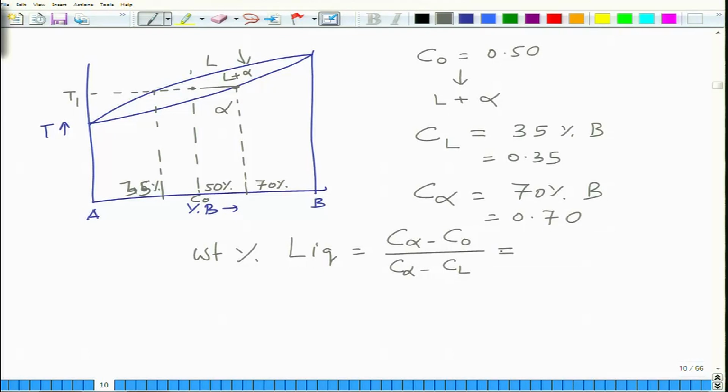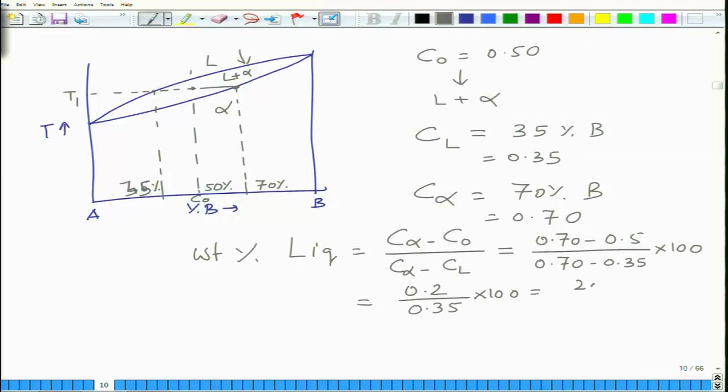So, this is equal to 0.7 minus 0.5 divided by 0.7 minus 0.35 into 100, which is equal to 0.2 divided by 0.35 into 100, or you can say it is equal to 200 divided by 3.5.